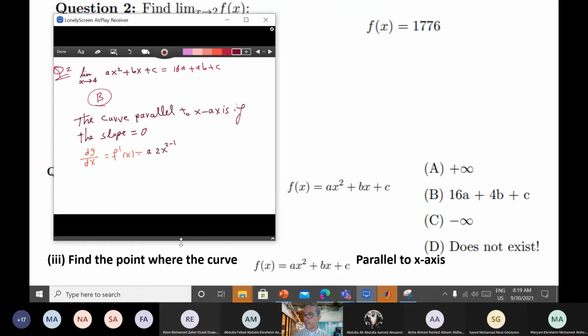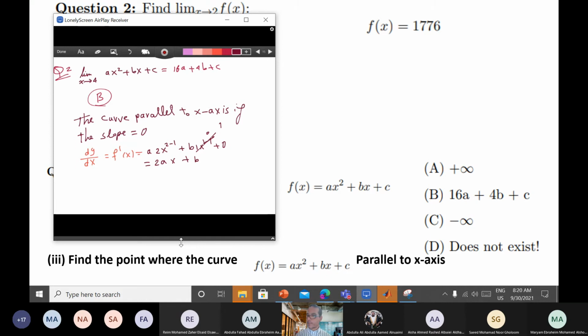So it is 2 minus 1, plus b. You get 1 down, x to the 1 minus 1. The derivative of any constant is 0. So this one is 2ax plus, 1 minus 1 is 0, anything to the 0 is 1, so you have plus b. This is the slope, right?